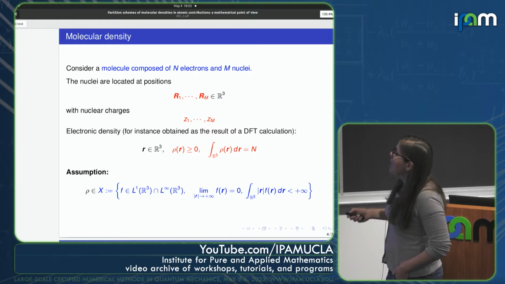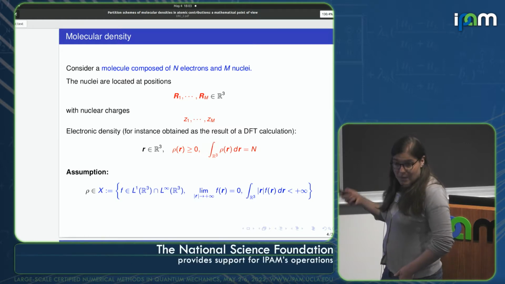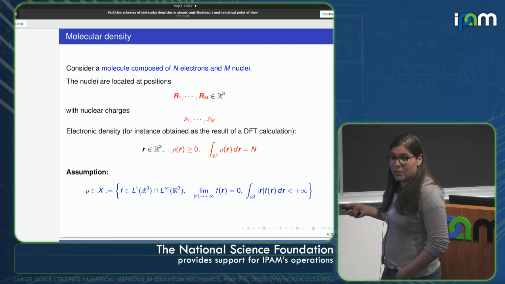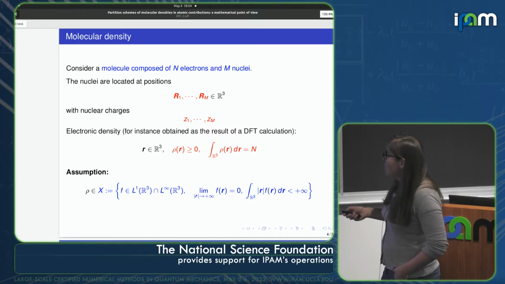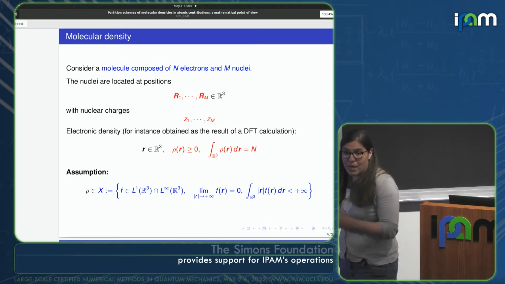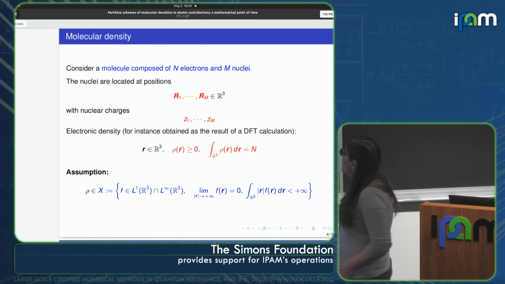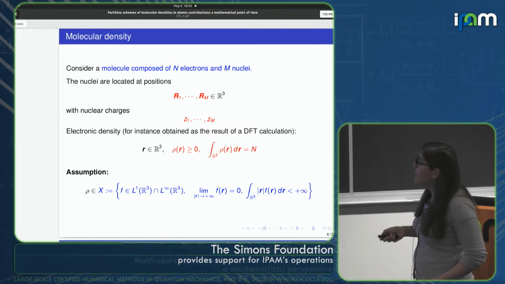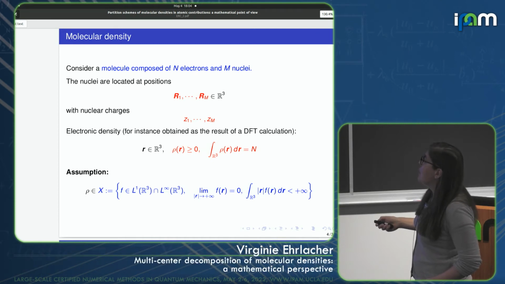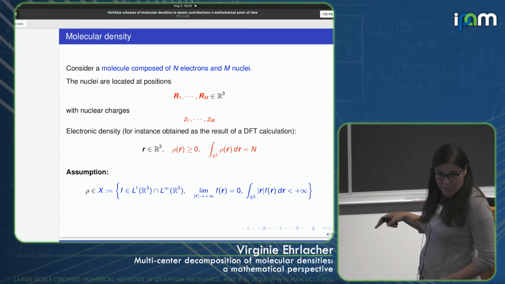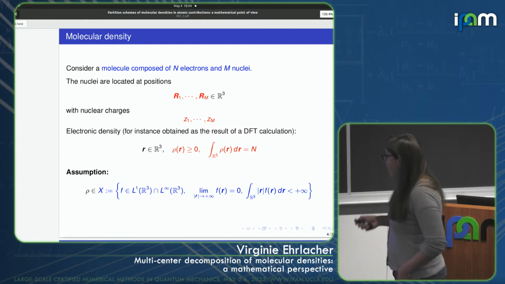I'm assuming that I'm given some molecular electronic density for this molecule, denoted by rho. You can imagine that rho is an output of any calculation technique that you like, for instance a DFT calculation. It is a non-negative function defined over R3, and its integral over R3 is equal to n, the number of electrons within the molecule.